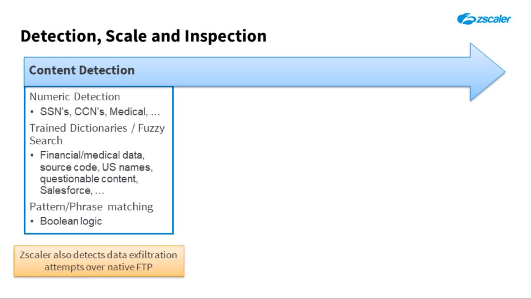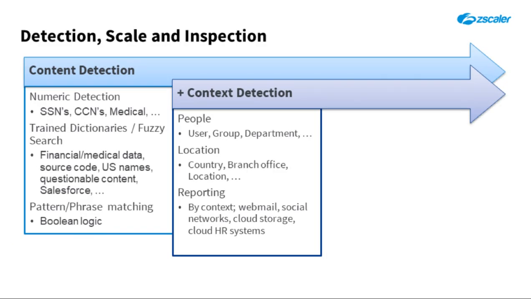Note that Zscaler also detects attempts to exfiltrate data over the native FTP protocol. Both content and context criteria can be combined in a Zscaler DLP policy rule to match keywords, phrases, or patterns generated by specific users, groups, departments, or locations, within defined time intervals and for specific protocols if necessary.